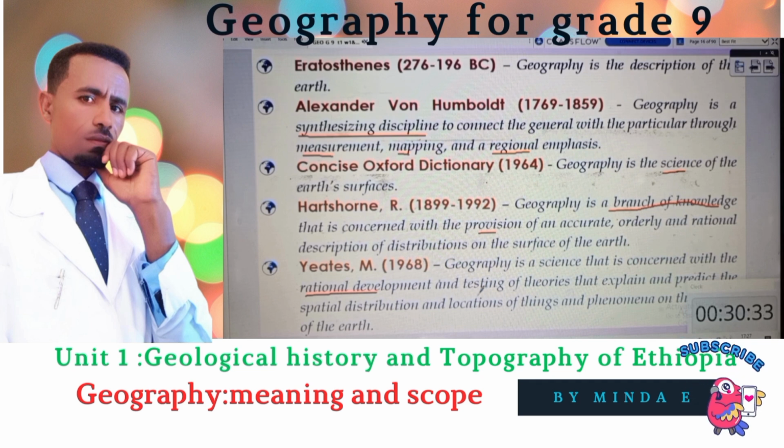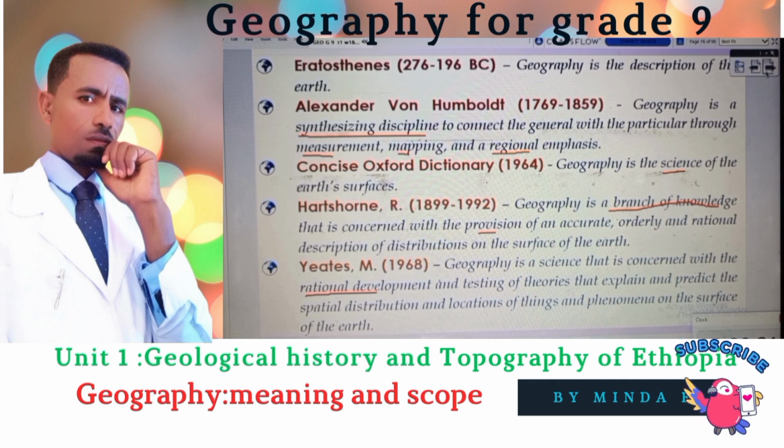So, theories are tested in geography, and it is concerned with rational development of theories that explain and predict the spatial distribution and the location of things, and also phenomena, on the surface of the earth.